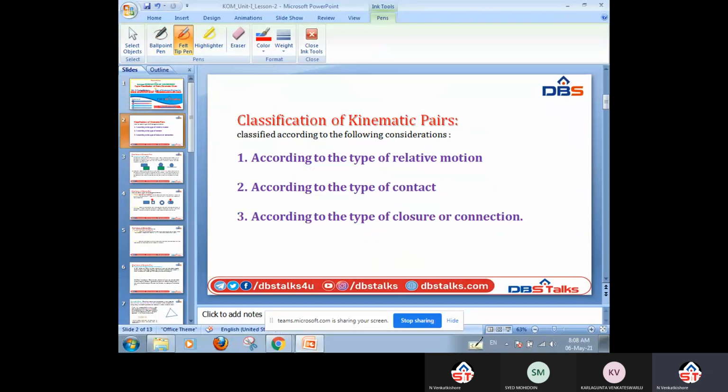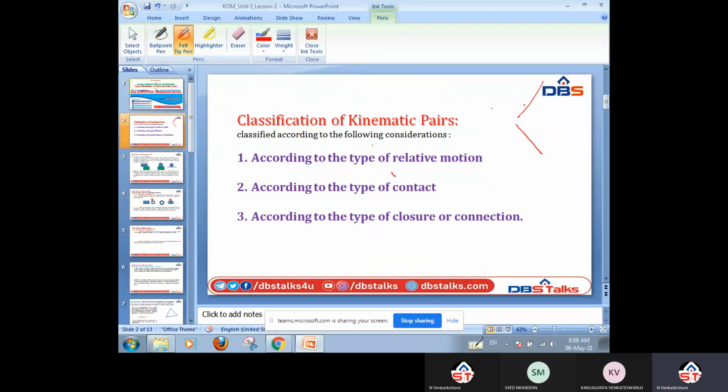How the pairs will be connected means whenever two links are connected, that we will call a kinematic pair. That means this is one link and we are taking one more link. These are the two links.